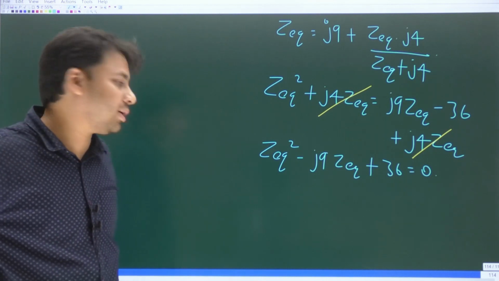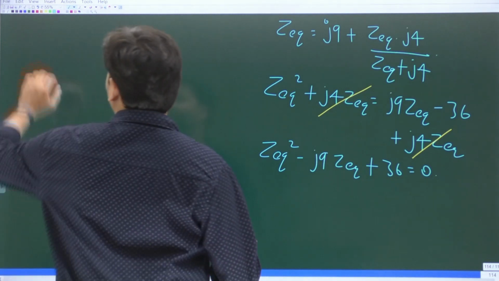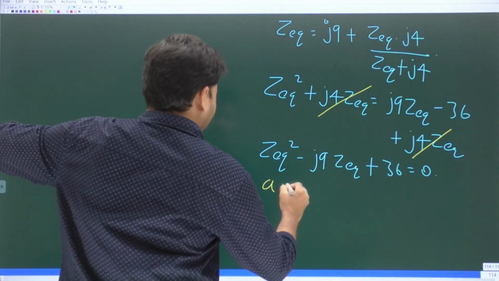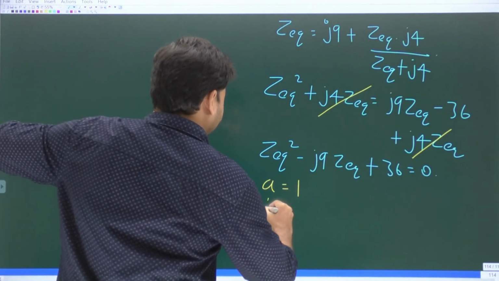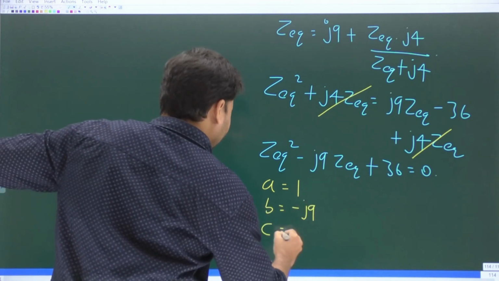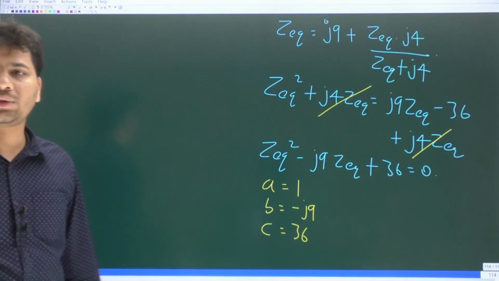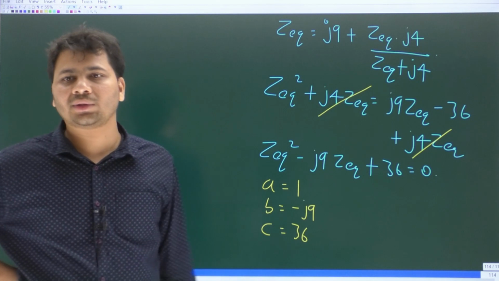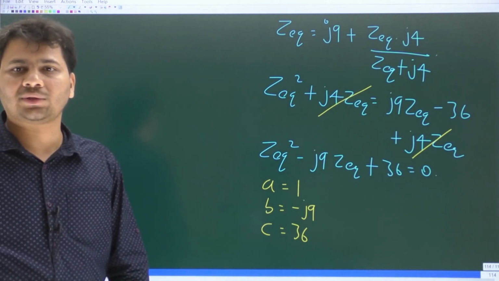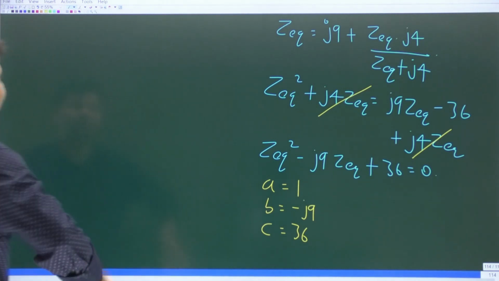Now it is in the proper quadratic equation format, Ax square plus bx plus c. Here A is 1, B is minus J9, C is 36. So what are the 2 roots of this equation? Minus b plus or minus square root of b square minus 4 AC. Someone please tell me the 2 roots.